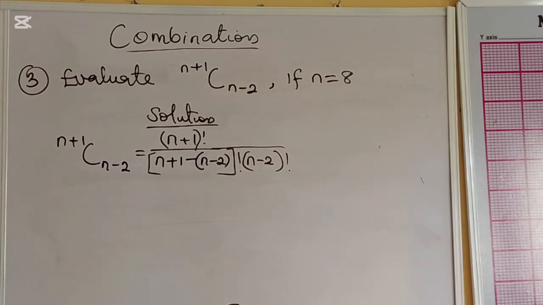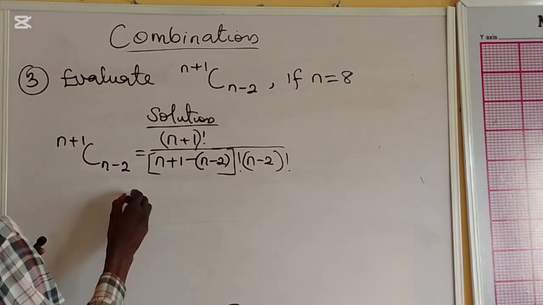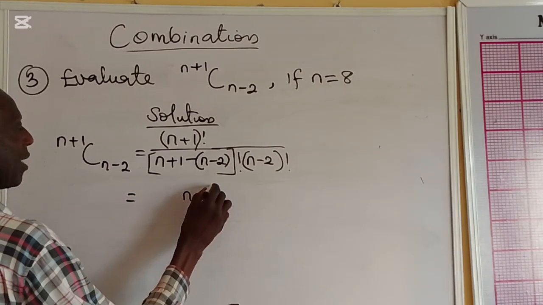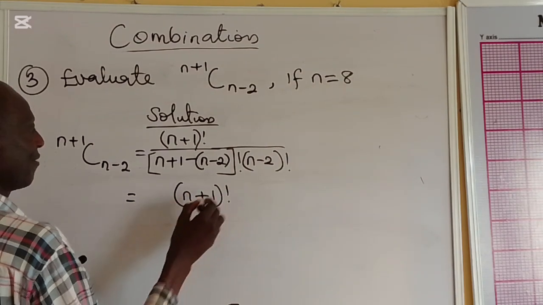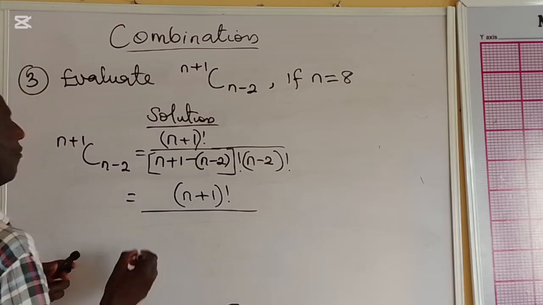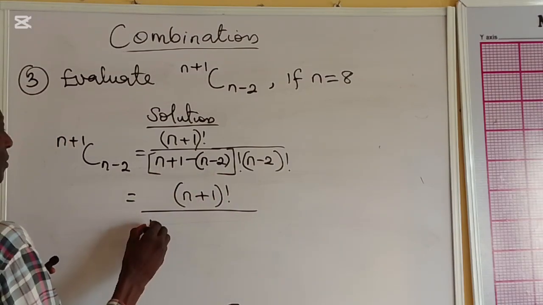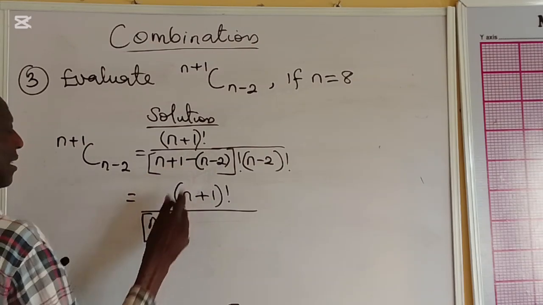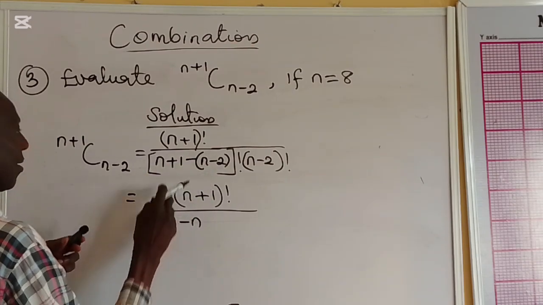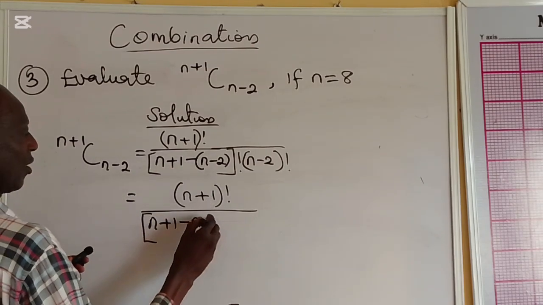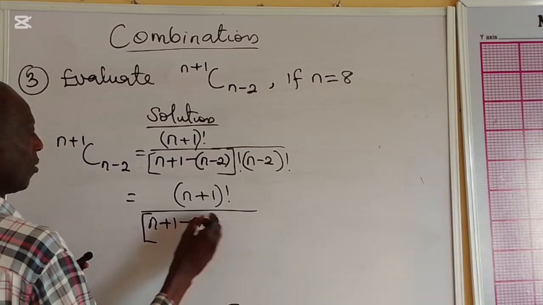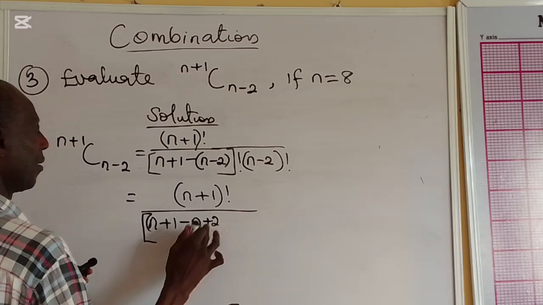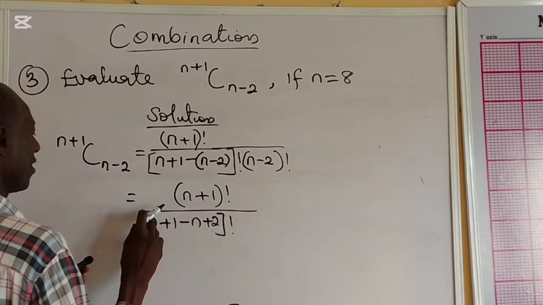That's what it means. Now, here is written as (n plus 1) factorial, all over, you clear the bracket. n plus 1, minus times n is minus n. Minus times minus 2 is plus 2. Okay? Factorial.